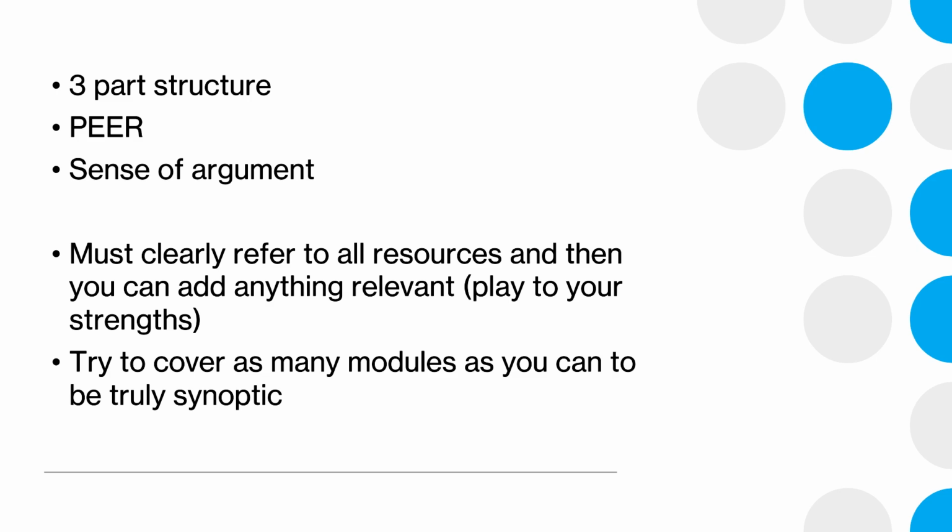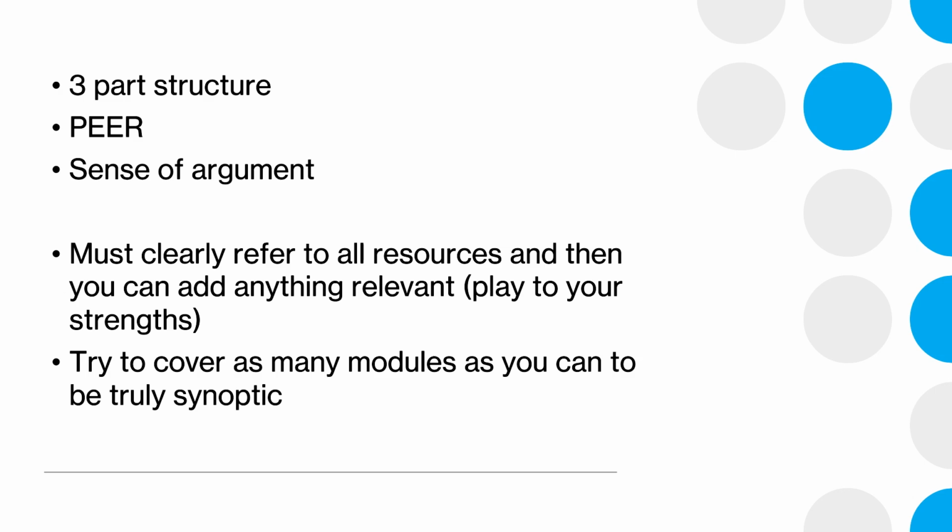We still want an introduction, a main body, and a conclusion, which is what I mean by 3-part structure. We still want to use the PEER technique. Now, PEER is point, explain, evidence, refer, and it's a way of structuring paragraphs in your main body that really helps, particularly if you find essay writing quite hard and you find that you go off at tangents, or your teacher is constantly saying, make sure you put some case studies in, or you're not really answering the question.